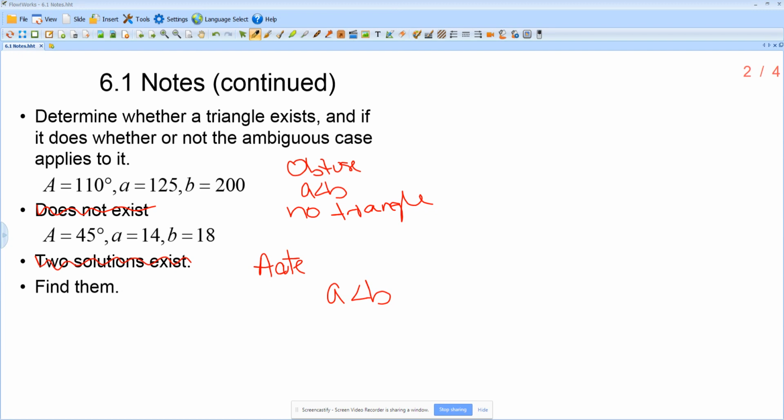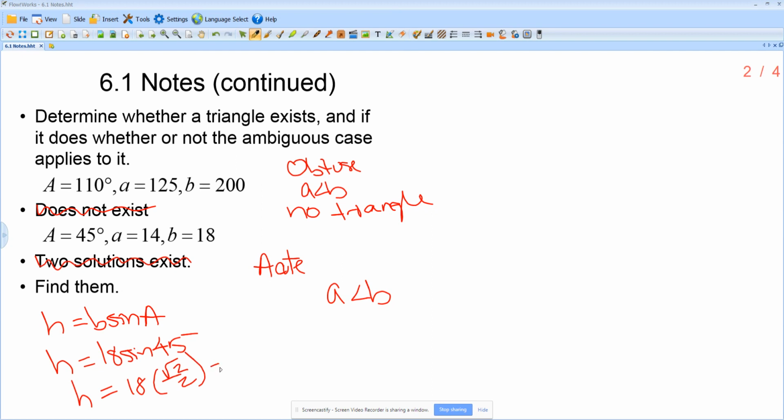If I want to find out, I have to solve for h. So I have h equals b sine A. So h equals 18 sine 45, which gives me 18 root 2 over 2, so 9 root 2. 9 root 2 is, I want to say, like 12 point something. But what I do know is that it's less than 14.